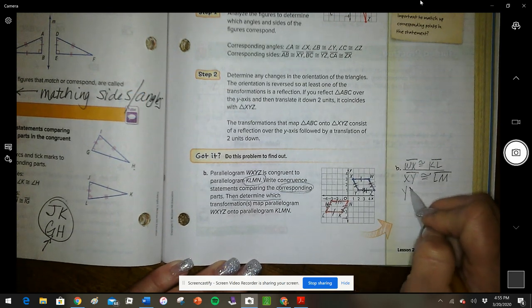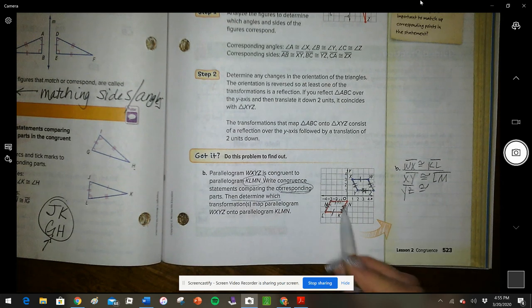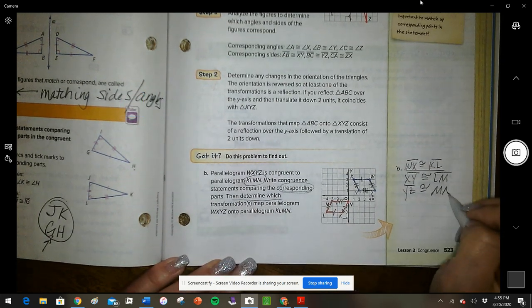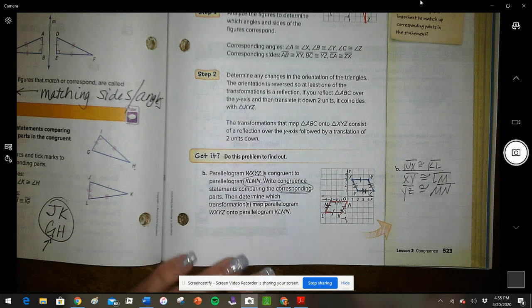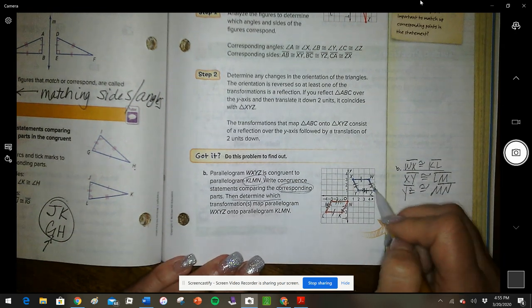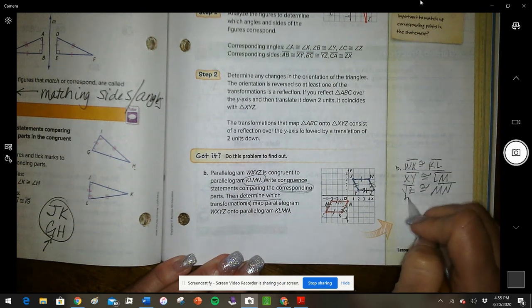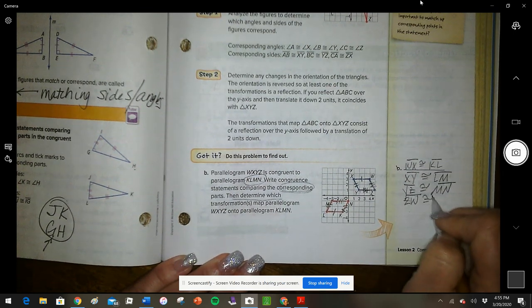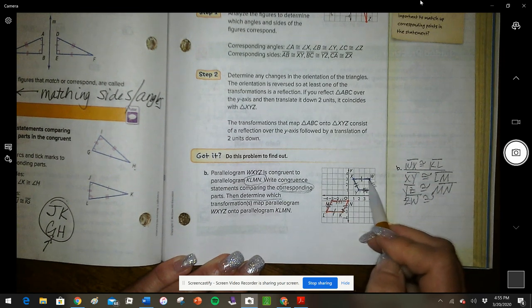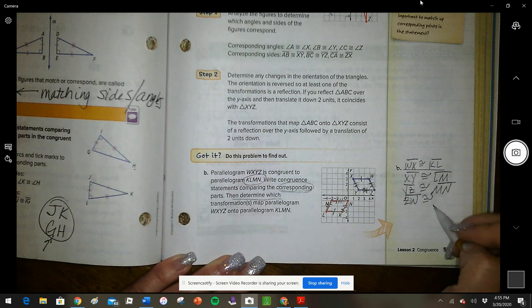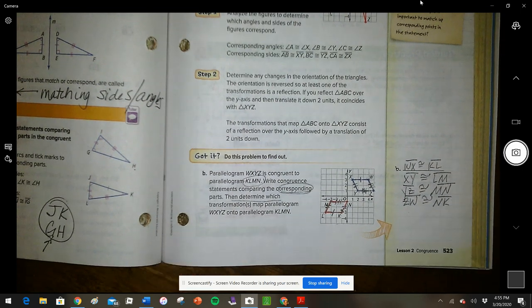WXYZ, so YZ is going to be congruent to KLMN, and so it's going to be MN. And that helps you get the things in order. Okay, so then let's see, that last side, Z back to W, right? Going from Z back to where I started from is going to be congruent to N going back to where I started from. So NK.